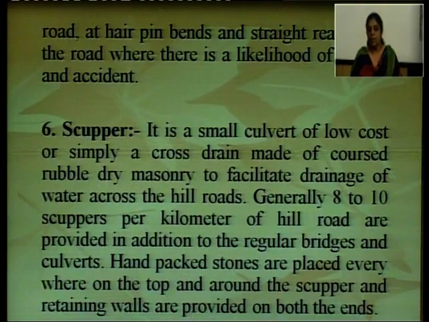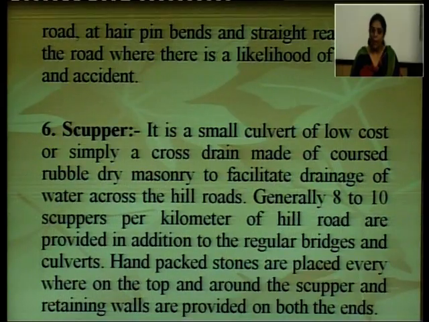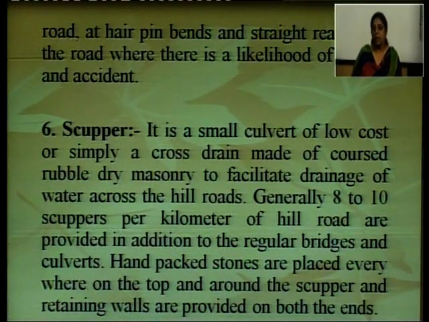So, after going through a certain distance, definitely you need to take away the water from the side drain, and it is collected in some pit, and from that catch pit, it is taken down the slope. So, generally 8 to 10 scuppers per kilometer of hill road are to be provided.